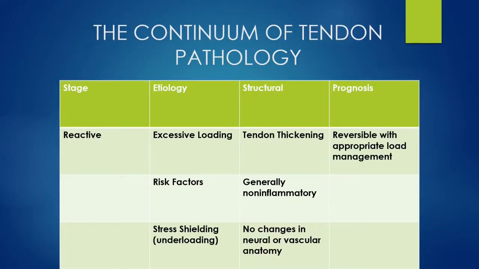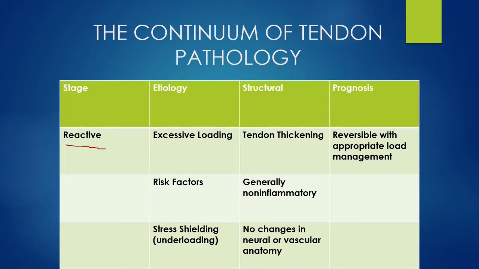Now, there are other models of tendon pathology described in the literature, but the most commonly accepted model that describes tendon degenerative changes is known as the continuum model. So let's talk about the continuum model of tendon pathology, and we're going to see that the continuum model has three distinct stages.